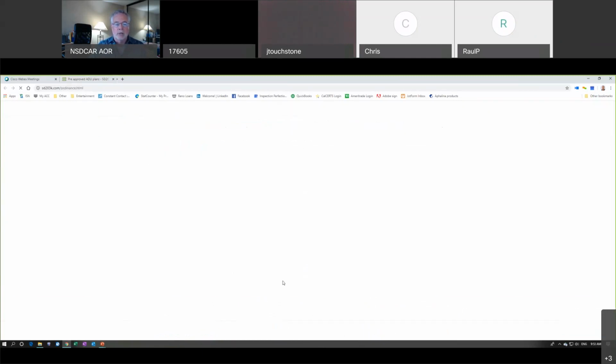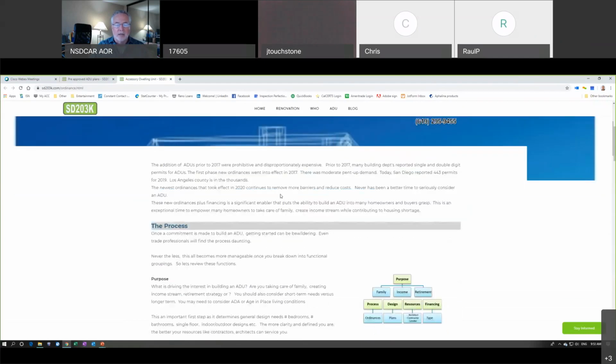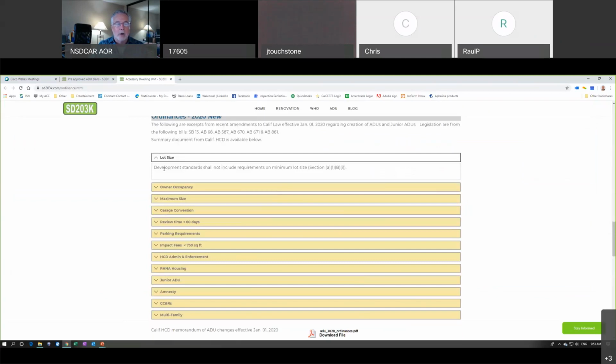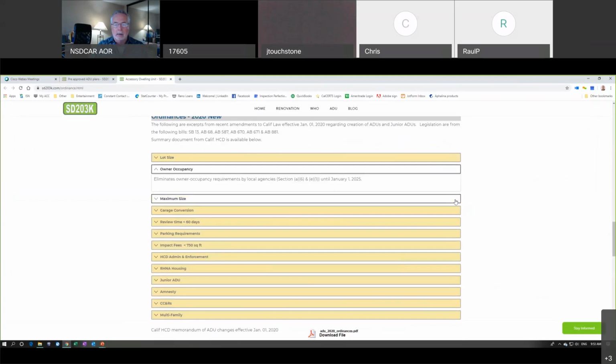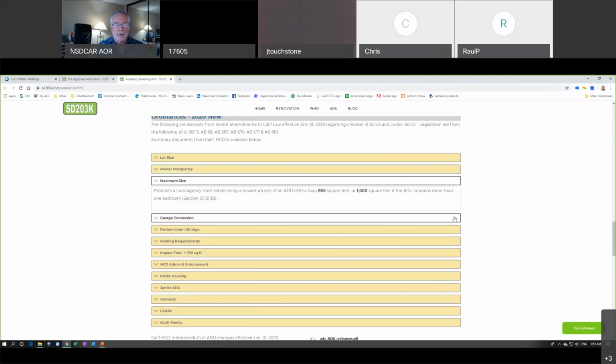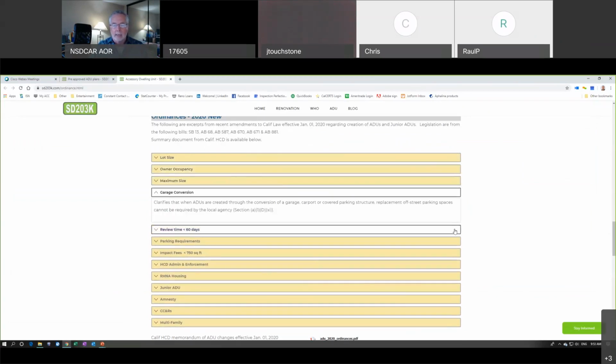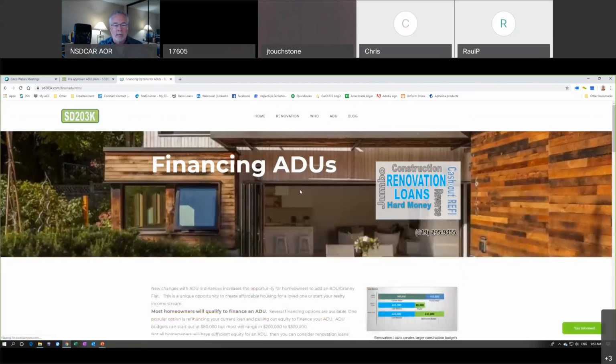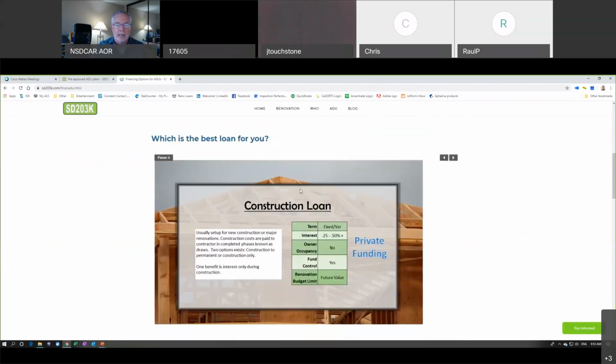It talks about how the process works. I also have all of the new ordinances listed here and all of the new changes associated with them. So again, a lot of good current information to work off of. And then there's one other important page here that talks about financing.